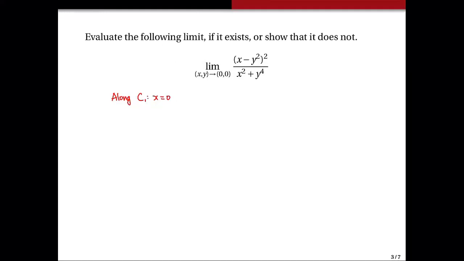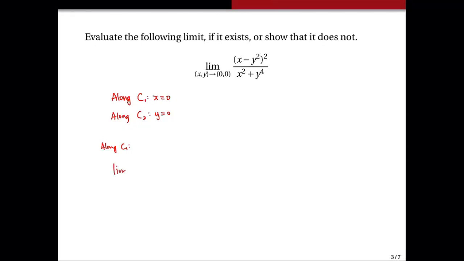Or maybe along C2, and here we fix y equals 0 and then we just let our x go to 0. Right? So if we actually use these two curves, then the limits will be the same. Okay? So maybe let's try that along C1, which means x equals 0.